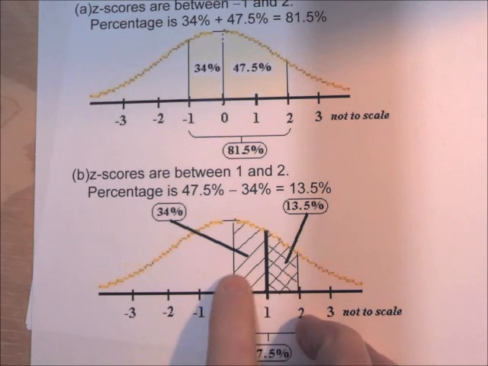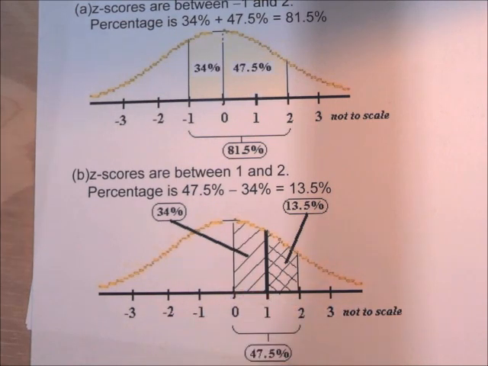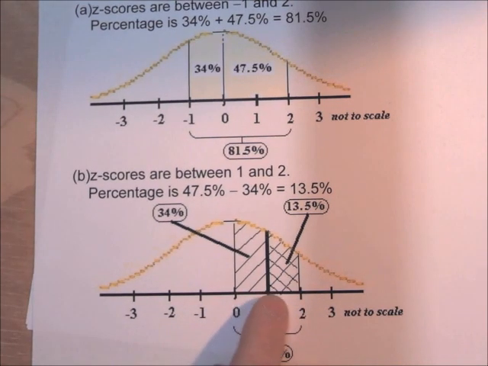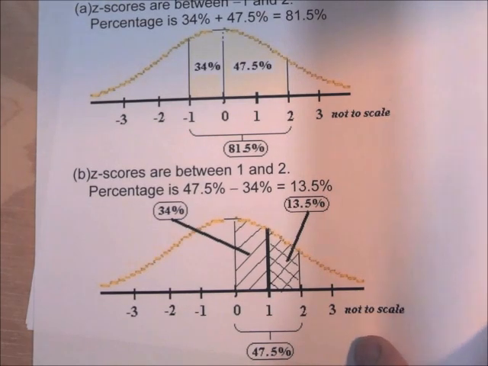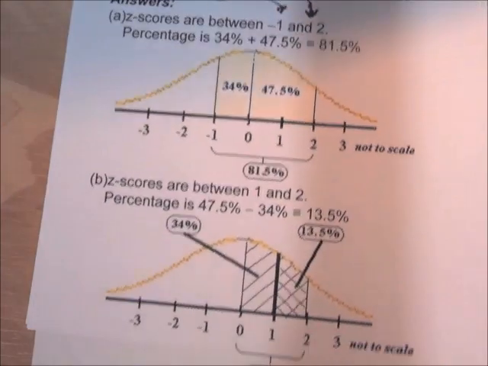We want to subtract off the part that's between 0 and 1. So I'm going to subtract off the 34%. So 47.5 minus 34% will give you 13.5%. Okay, so that concludes this presentation.